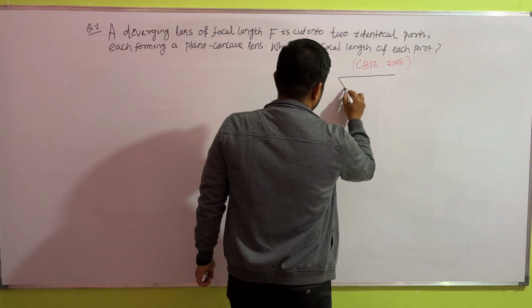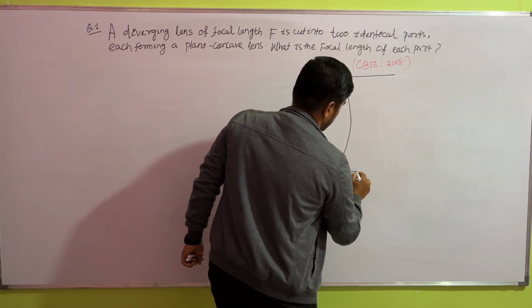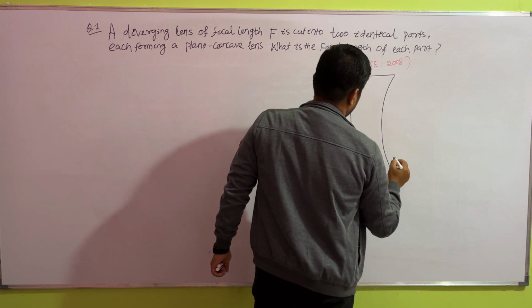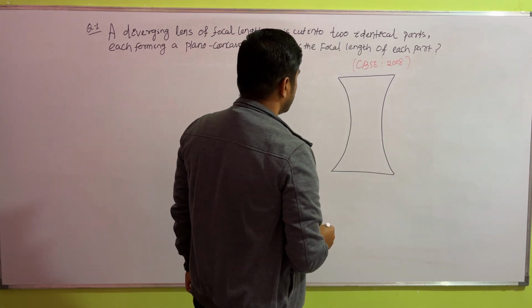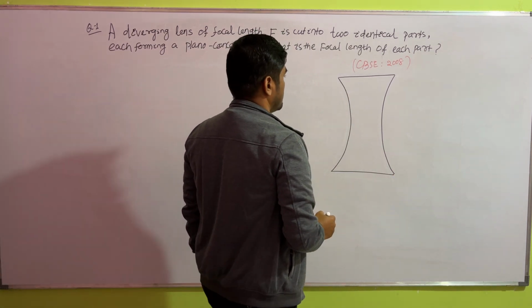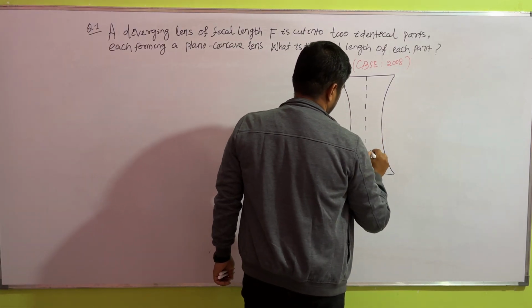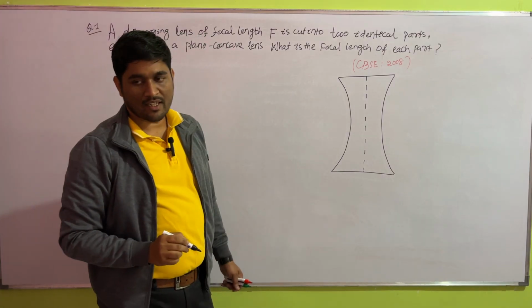Let this be the concave lens having focal length f, and then the lens is cut into two identical parts.